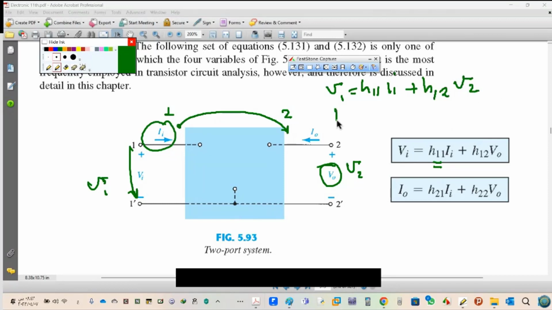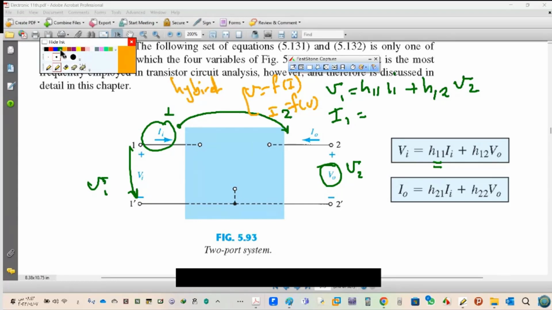And I1 is, as I told you before, V as a function of I, and I as a function of V. So this is called hybrid.